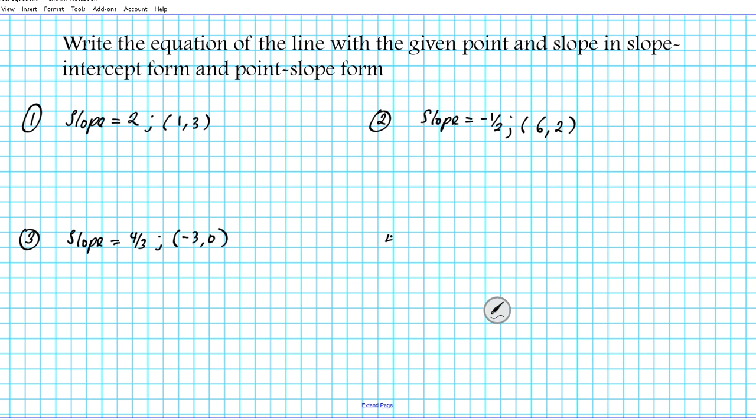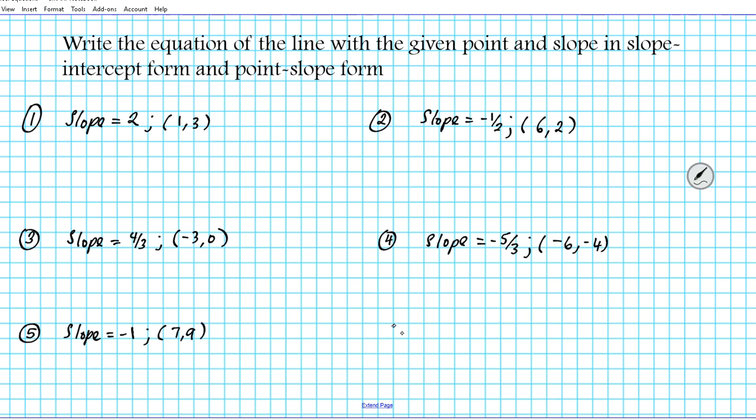Number 4, what if you have a slope of negative 5/3 and the point is negative 6, negative 4. For number 5, what if you have a slope of negative 1 and the point is 7, 9.